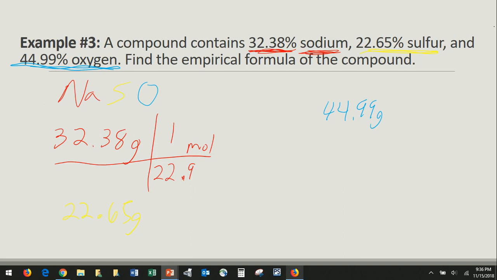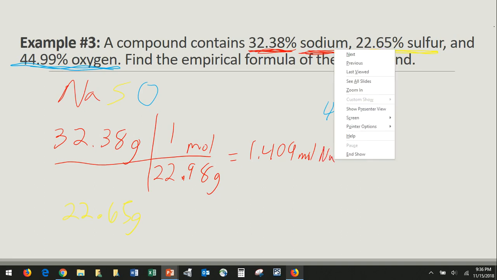Let's go with 98 grams. All right. So then if you divide 32.38 by 22.98, it's 1.409. So that's 1.409 moles of sodium.